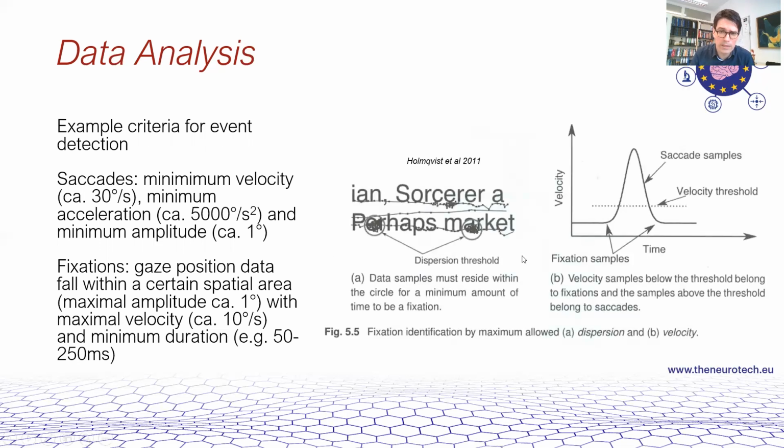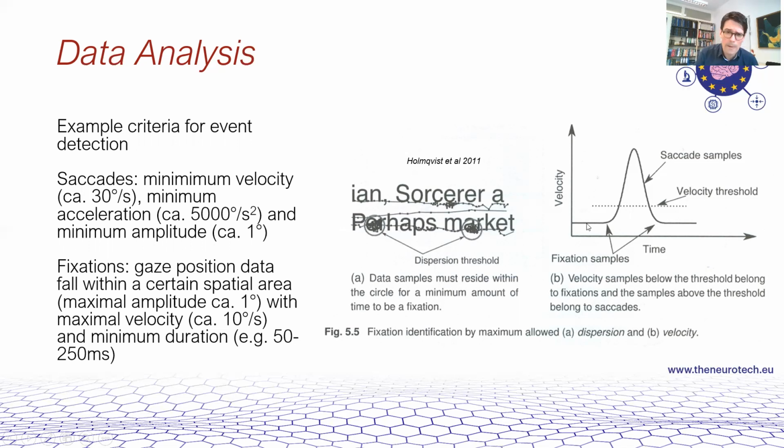To give you an example of what this may look like, here again from the book by Kenneth Holmqvist and colleagues, on the y-axis the velocity, on the x-axis the time. These are data from someone reading a couple of lines of text. You can see the fixations, the little nodes here, and the saccades, the lines in between. And here the observer was fixating for a slightly longer time period on these letters.